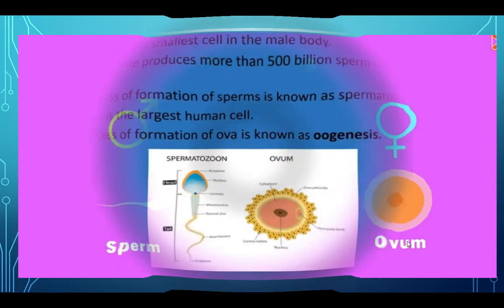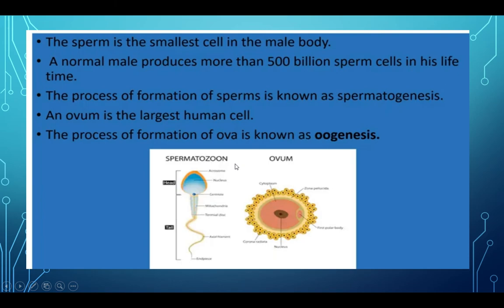And next, important words are coming here. The sperm is the smallest cell in the male body. The ovum is the largest human cell. This is the sperm. The sperm is the smallest cell in the male body.